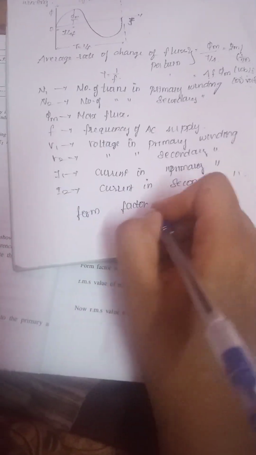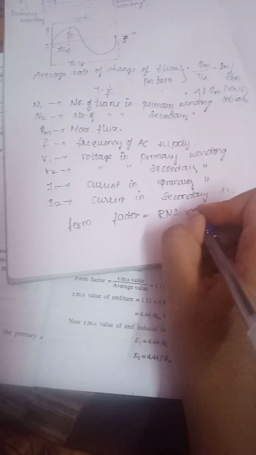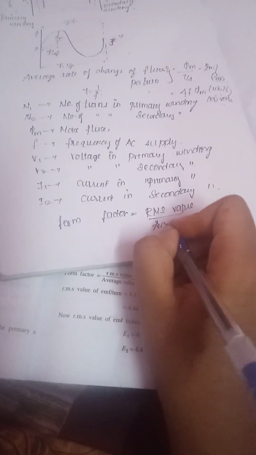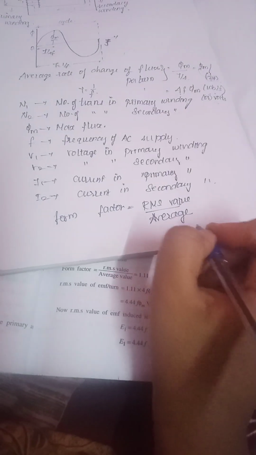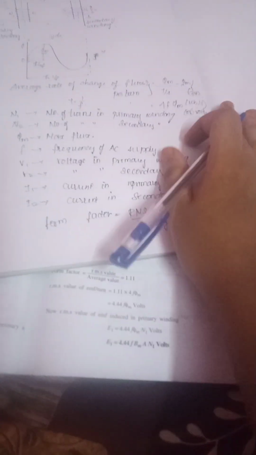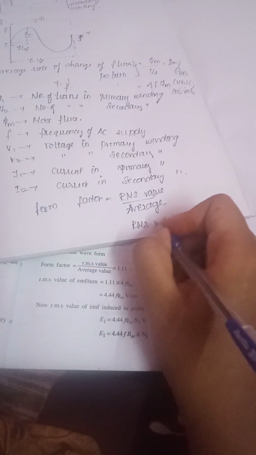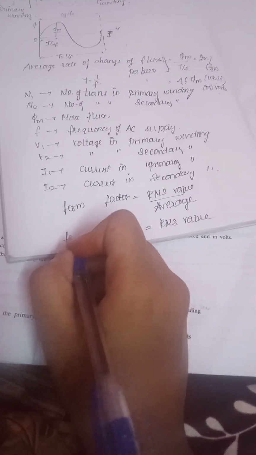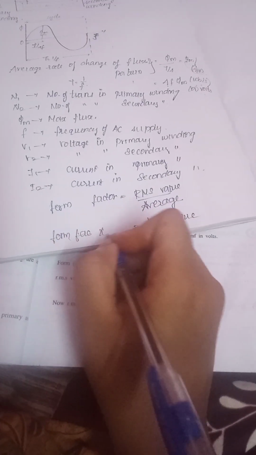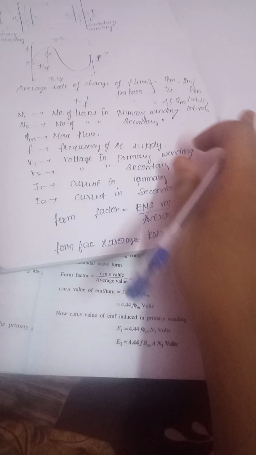So the form factor is equal to RMS value divided by average. We have to describe the EMF with the RMS value, so we need this RMS value only, right? So RMS value is form factor into average. For the sinusoidal waveform, the form factor has a constant value, so the form factor is equal to 1.11.